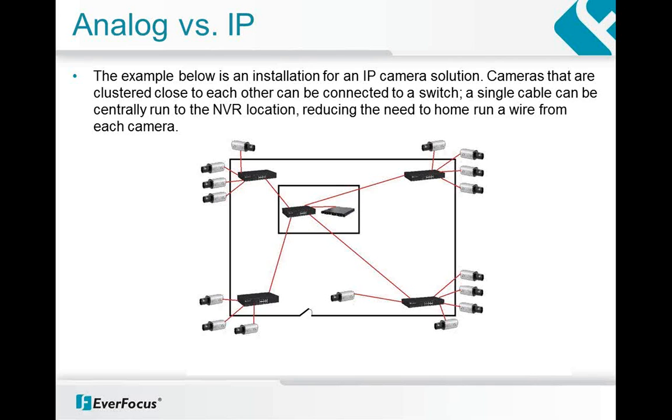And then you have the switch connected to the NVRs, which you see, which is our commander NVR connected to it with one cable. So instead of home running 16 cables all the way back to the infrastructure of the building, you're only really using 4 cables going back into one switch and then connected to an NVR. So that's one way, or one advantage of using an IP system.